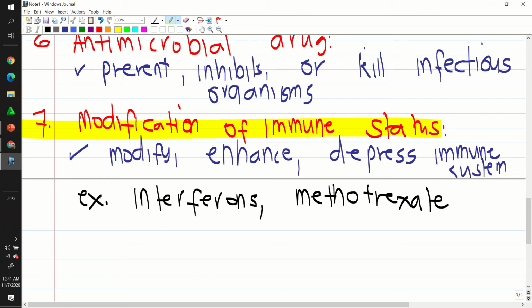Again, we have stimulation, depression, irritation, replacement, cytotoxic action, antimicrobial action, and modification of your immune status. So that is what we call your mechanism of drug action.